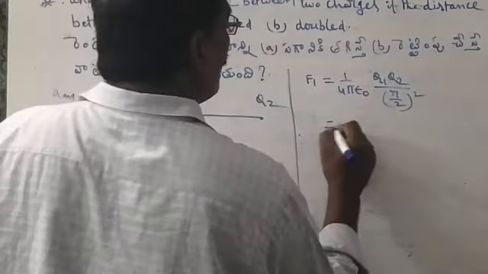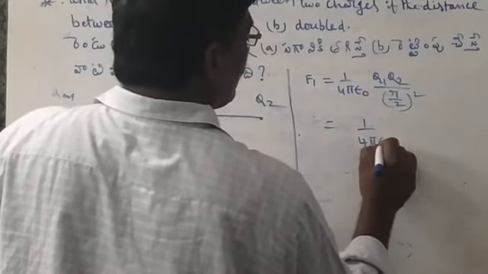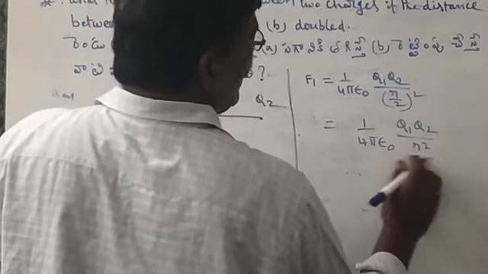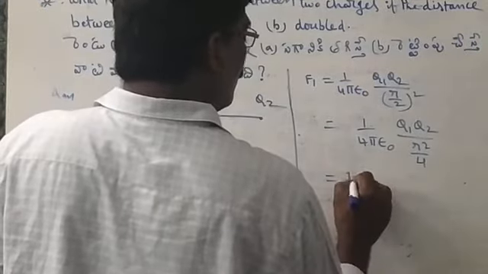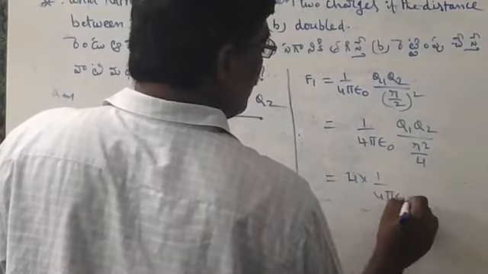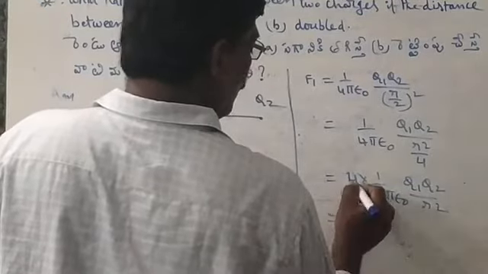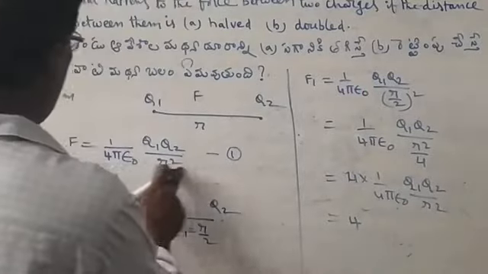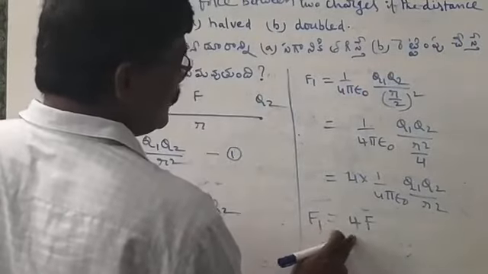That is equal to 1 by 4 pi epsilon naught into Q1 Q2 by R square by 4, which means 4 into 1 by 4 pi epsilon naught into Q1 Q2 by R square. That is equal to 4 times F. Okay, our answer: F1 is equal to 4F.